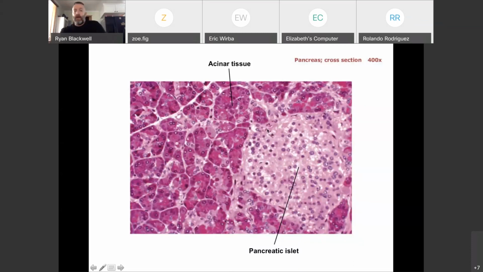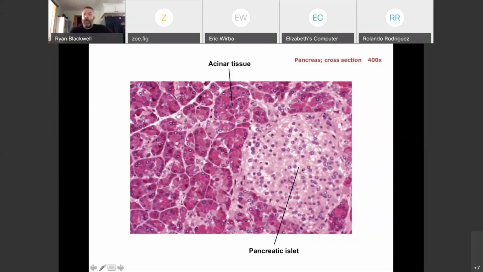We've already looked at the pancreas pretty closely when we covered the endocrine system. Well, we only looked at part of the pancreas. Remember, only about 1% of pancreatic tissue is composed of these pancreatic islets, these beach ball looking structures.